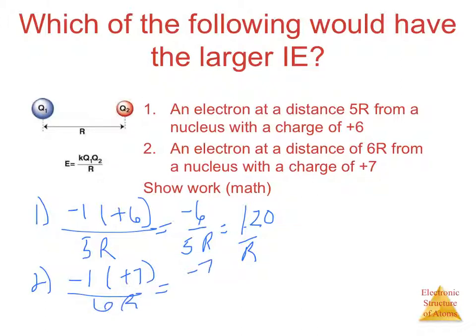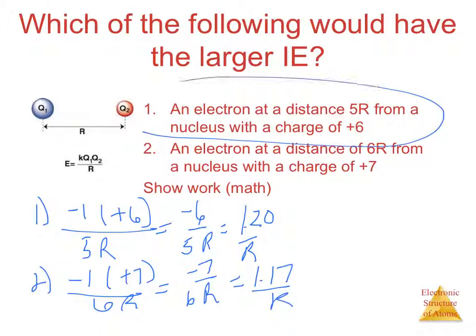This is going to be -7 over 6R, and that comes out to be 1.17 over R. So the first one is going to take just a tiny little bit more energy. You can even argue that it's insignificant from a sig fig standpoint, but it's going to take a tiny bit more energy. Very close.